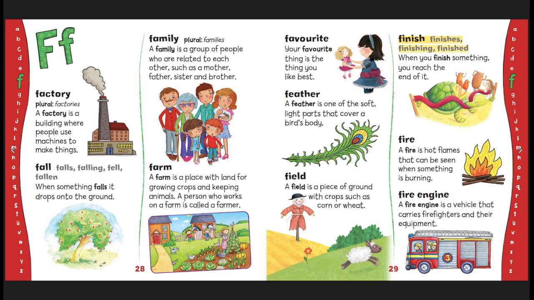Finishes, finishing, finished. When you finish something, you reach the end of it. Fire. A fire is hot flames that can be seen when something is burning. Fire engine. A fire engine is a vehicle that carries firefighters and their equipment.